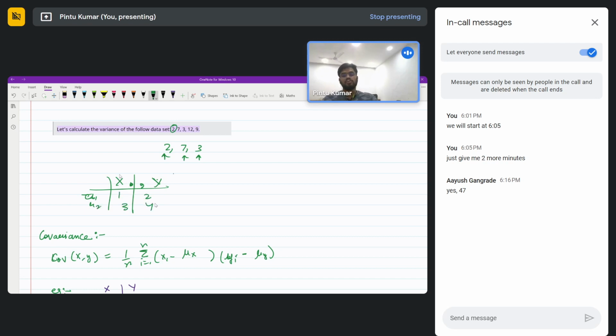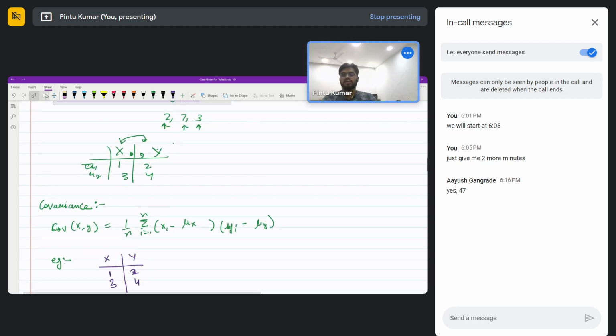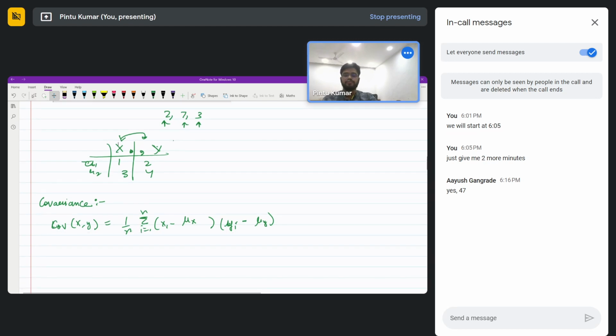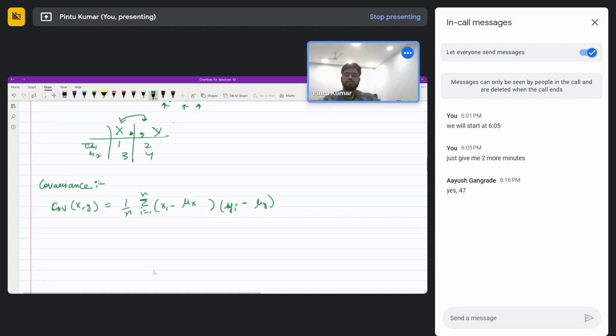Then you want to know how well x and y are related. You want to check whether x and y are supporting each other, or contradicting each other, or are they zero? So what is covariance? Covariance captures the relation between two random variables or two features, and its formula is 1 by n.